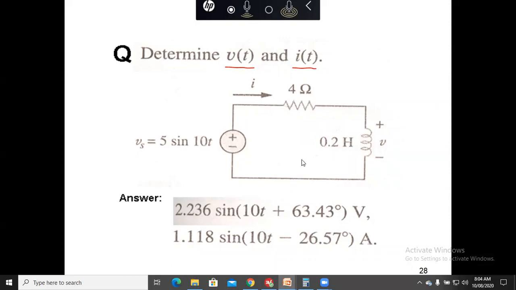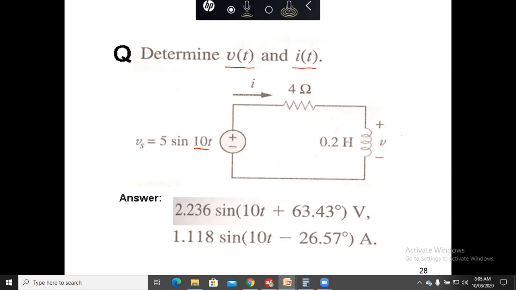So what is the value of omega here? Omega is 10 here.